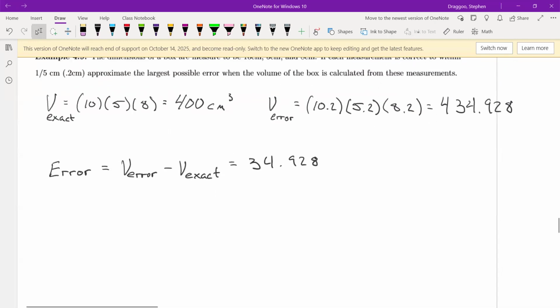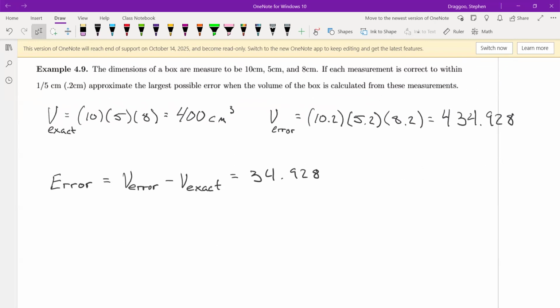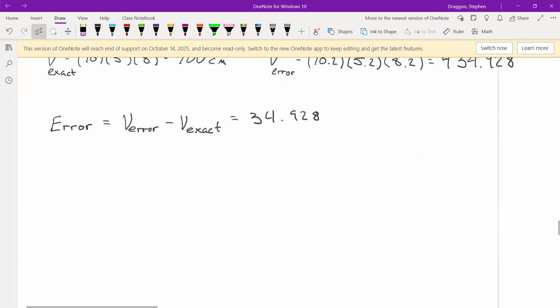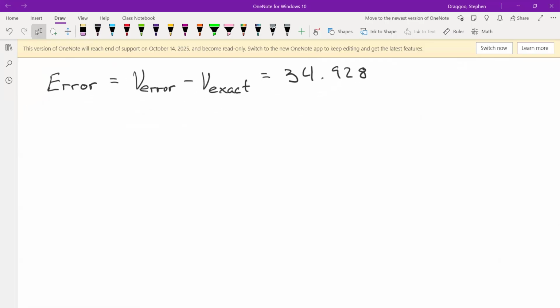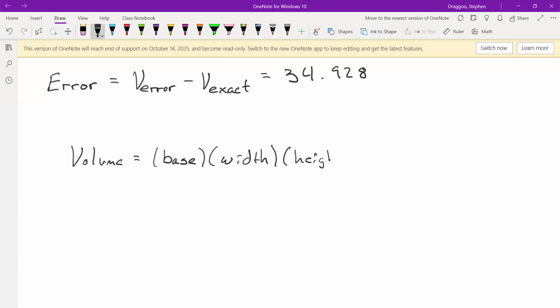So if I were to do it the calculus way, well, let's define some stuff like the volume of a box. I didn't really do that yet, but it's the base times the height. Well, let's do base times width times height. Order doesn't really matter, but I think it'll look nicer this way. So base times width times height.